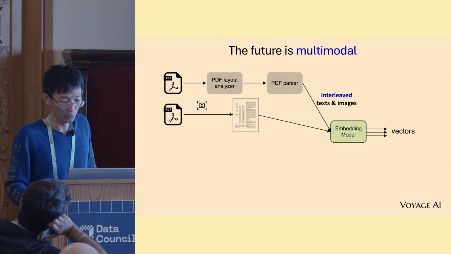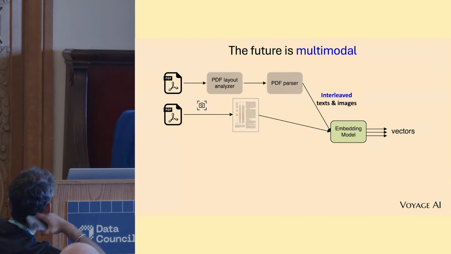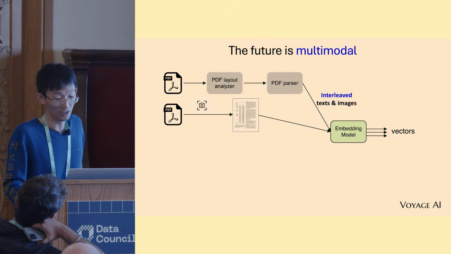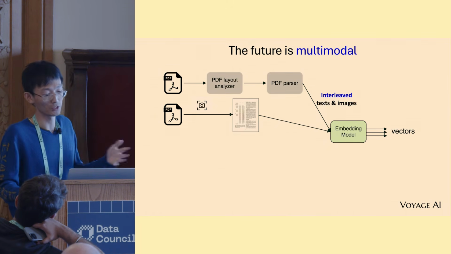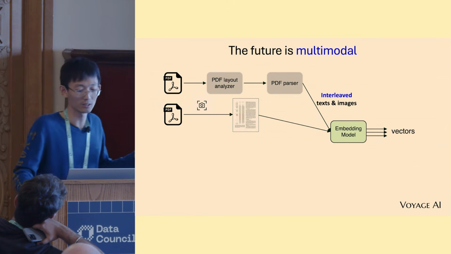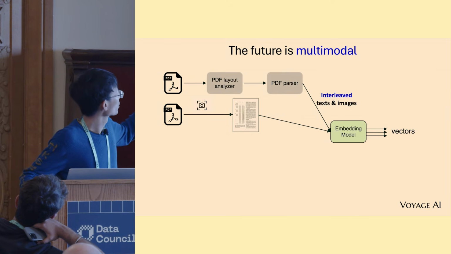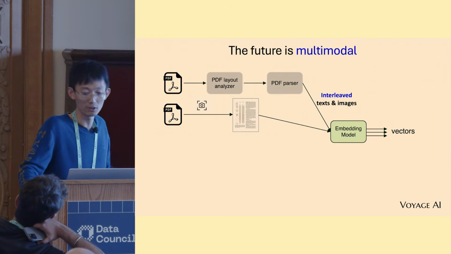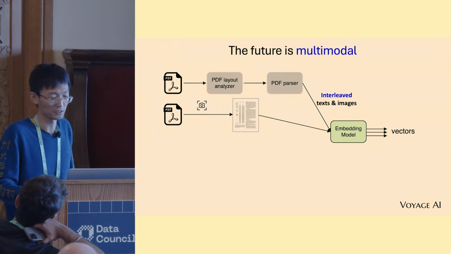What would be really nice is if you just take a screenshot of the PDF page and vectorize it directly. And this is what we can do now. We found, surprisingly, that the models are very good at this. The accuracy with the screenshot approach is not worse than using the best PDF layout analyzer and PDF parser and then going through the multimodal embeddings.